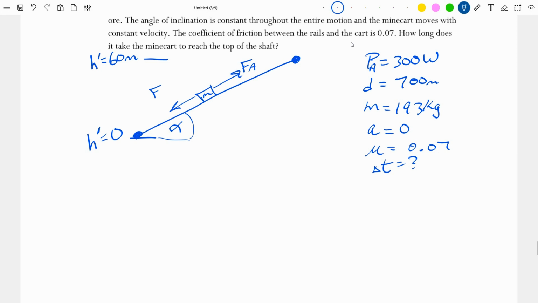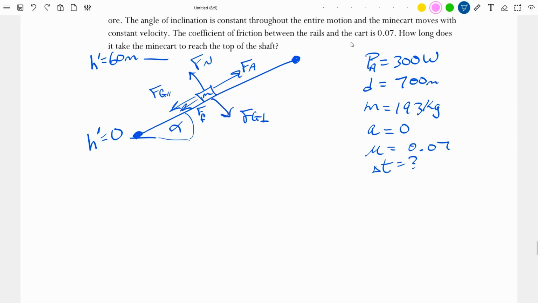There's going to be a force of gravity parallel, but there's also going to be that force of friction, that rolling friction, a force of gravity perpendicular, and a normal force like that. So we know that we're not accelerating, so we have perfect balance in both lines. There better be no net force amongst those.